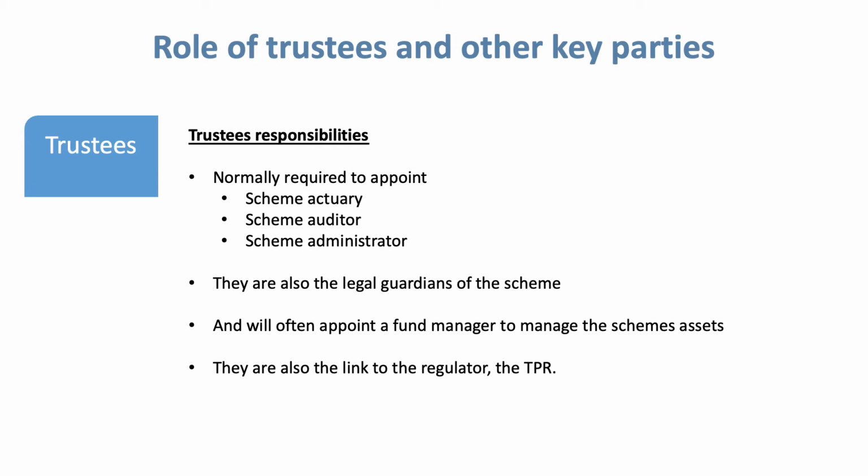The trustees are also the legal guardians of the scheme, and they'll often appoint a fund manager to manage the scheme's assets. This fund manager, of course, is likely to be the person that will make investment decisions on that pot of cash where member and employer contributions go in.